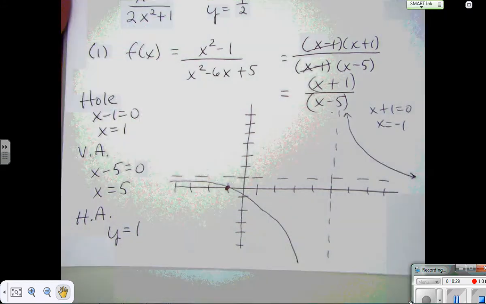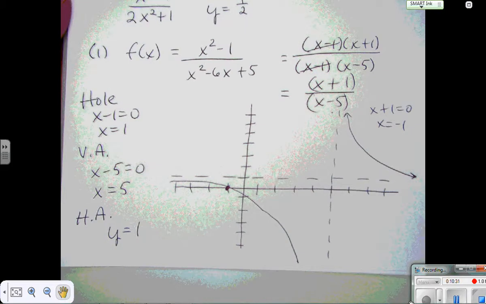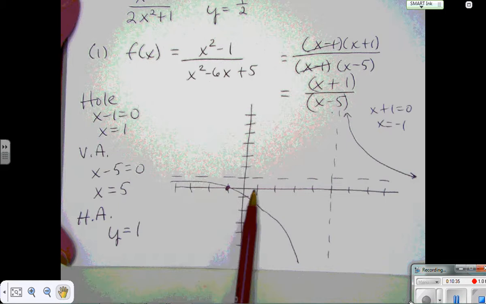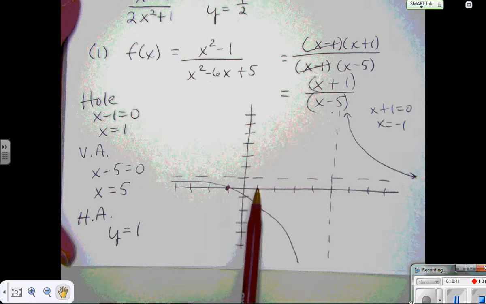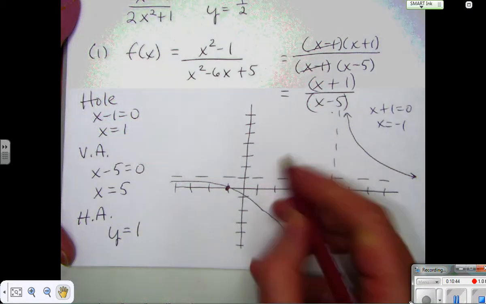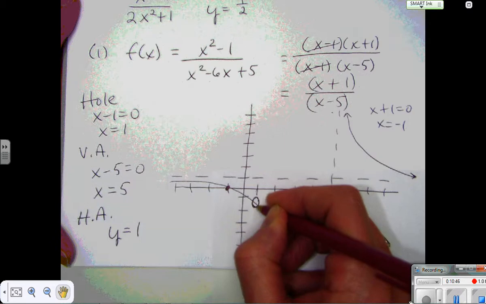Alright, so the other thing that I need to put on there is my hole, where x equals 1. So the way that you do that is you go where x is 1. See, there's x equals 1 on the axis. And now I'm going to go down to the graph, and I'm just going to put an open hole there.